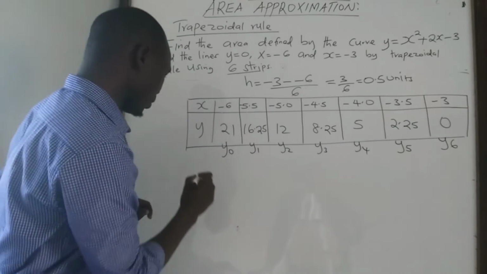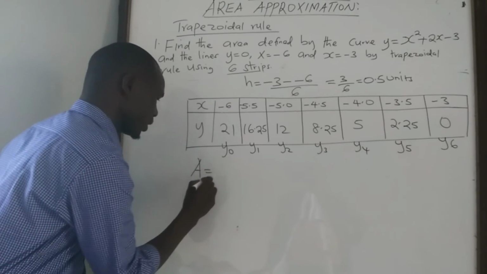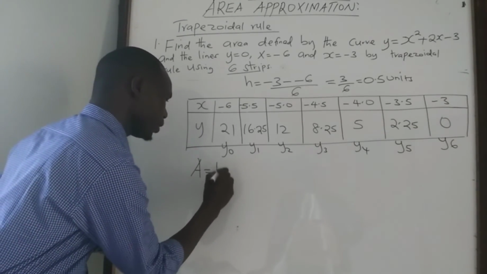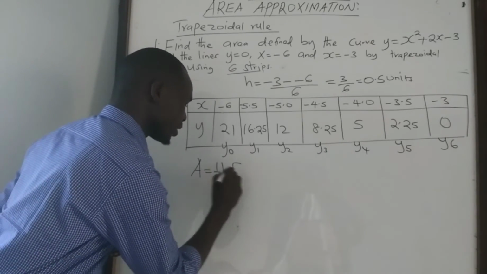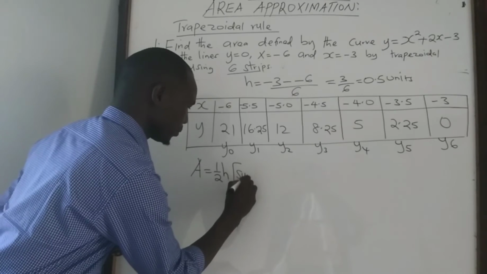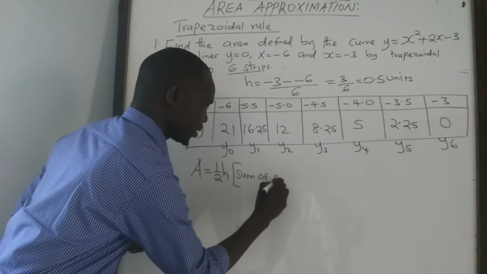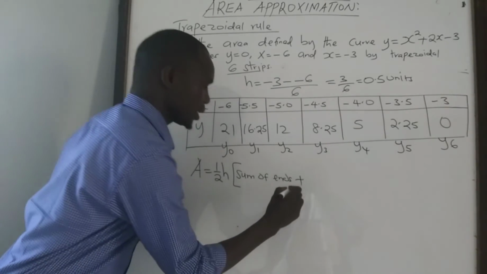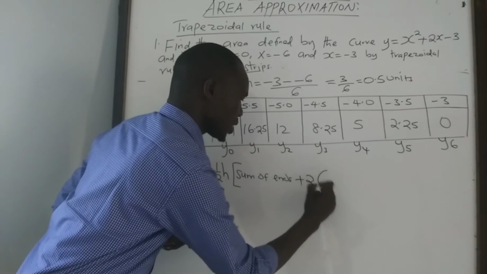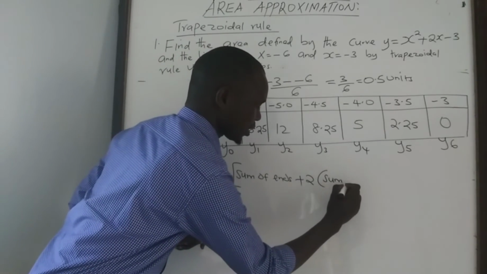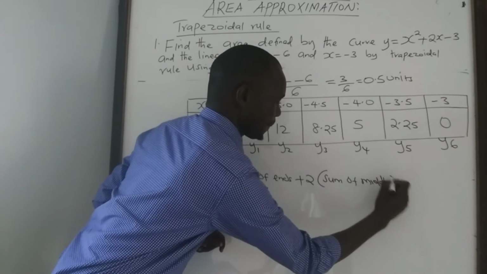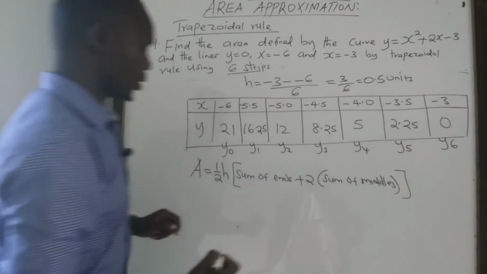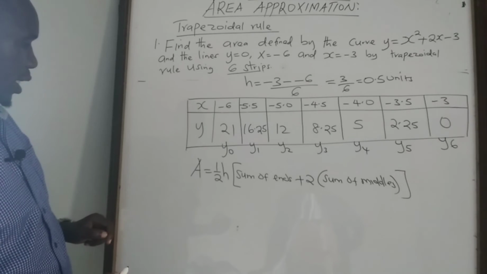From there we know area using trapezium rule will be equal to half times h into the sum of the ends, plus twice sum of the middles, and by so doing you substitute and get the answer of that.